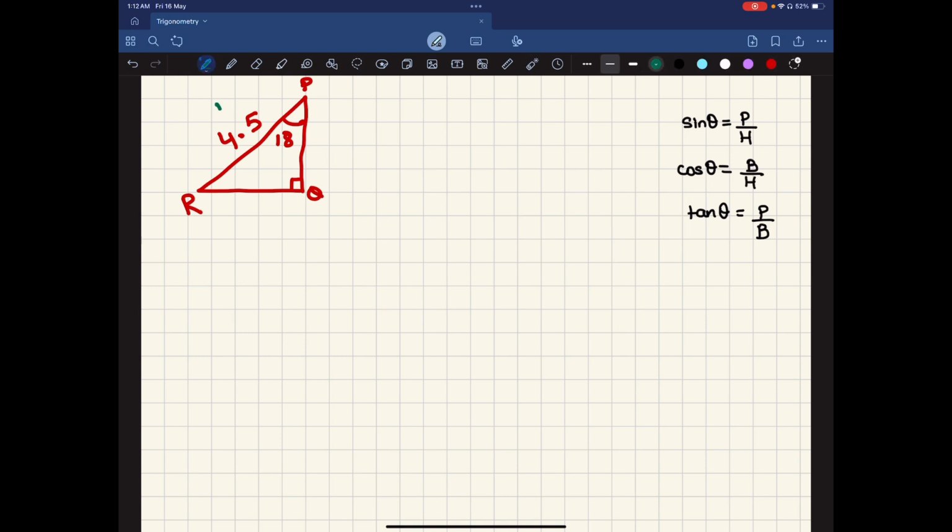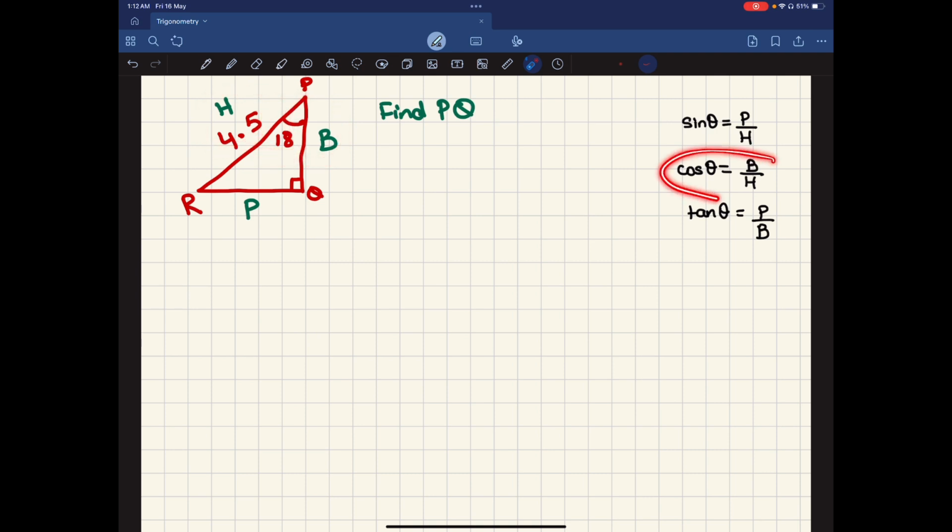The length opposite to the right angle is the hypotenuse, the length opposite to the angle is the perpendicular, and the third one becomes the base. So we're given the hypotenuse and we're given the angle. What are we required to find? The question says find PQ. PQ is the base. So we have the hypotenuse, we need to find the base, and we are given the angle.